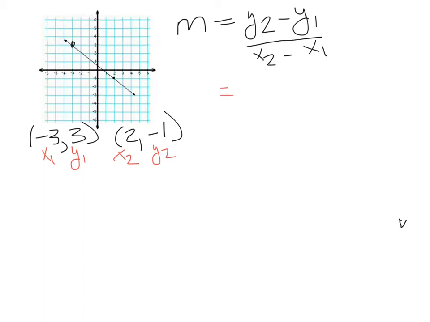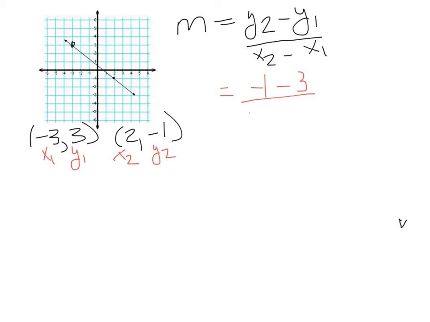Y sub 2 is -1 minus y sub 1, which is 3. Now I'm going to put x sub 2 and x sub 1 into the formula.